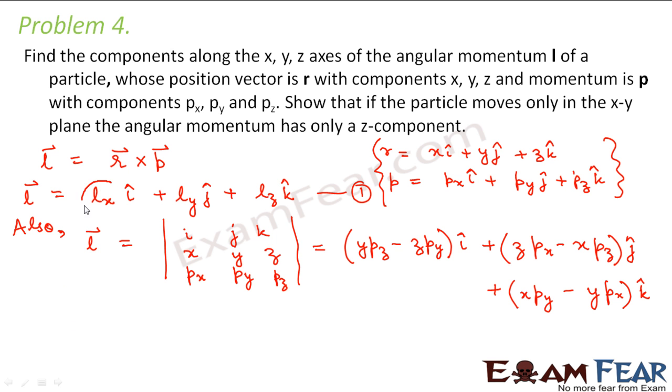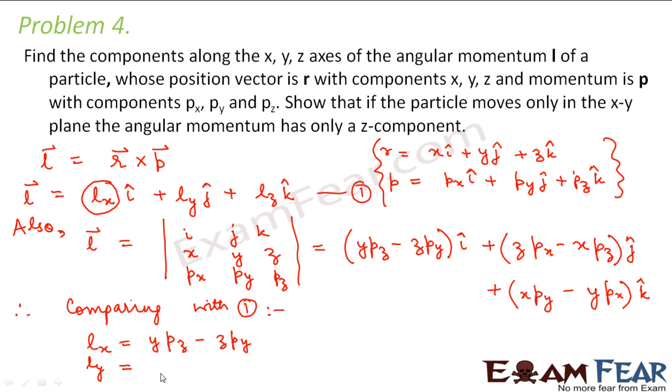For i cap you have Lx here and for i cap you have this term here. Therefore, comparing with equation 1, we get Lx is equal to ypz minus zpy.